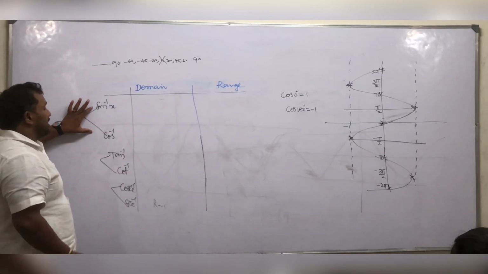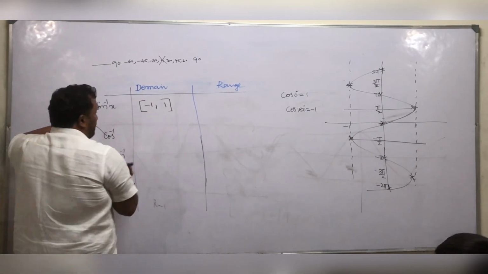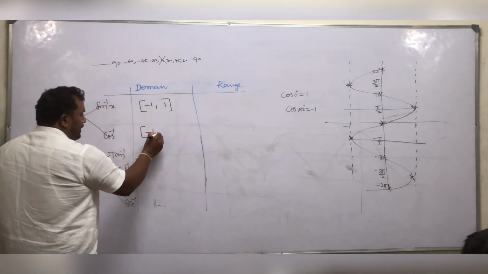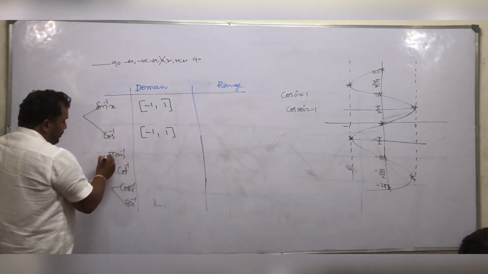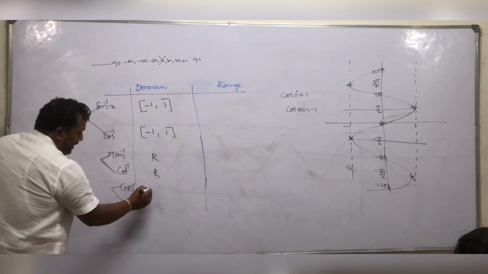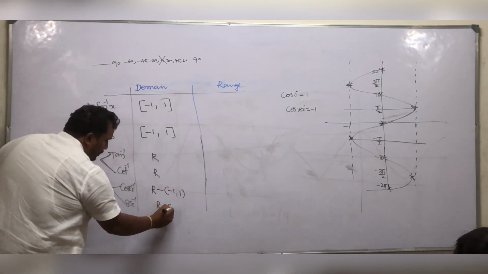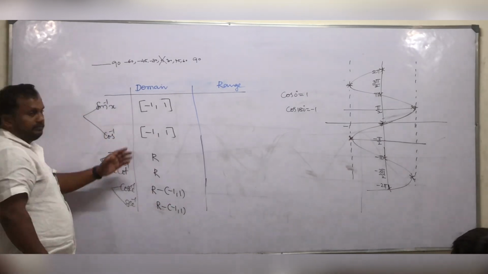So sine inverse, cos inverse answer, minus 1 to plus 1. This is also minus 1 to plus 1. Tan and cot, R. Next cosecant and secant inverse, R minus open interval of minus 1 to plus 1.